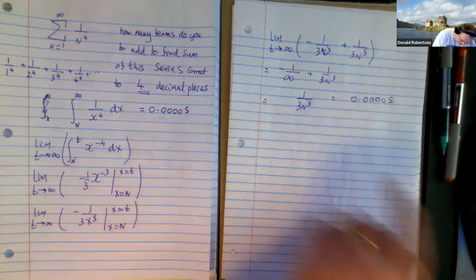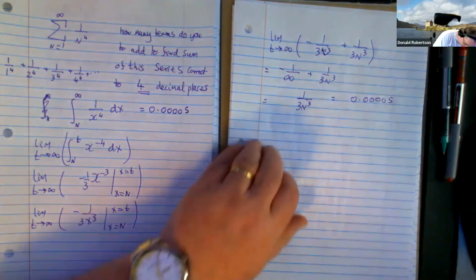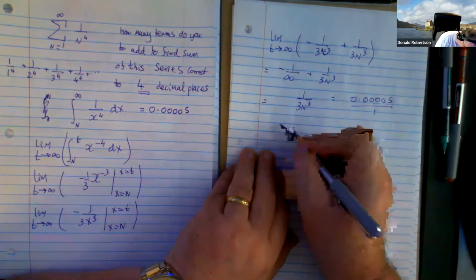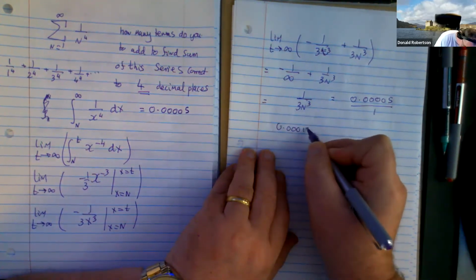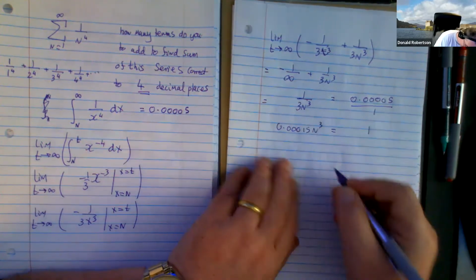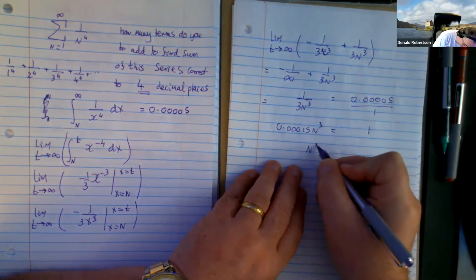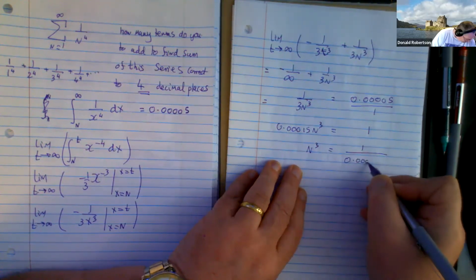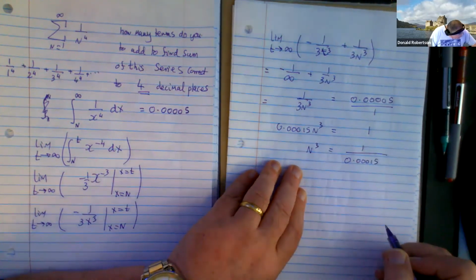Okay. So if you do a little cross multiply thing, you get 0.00015 n cubed equals 1. n cubed then is 1 divided by all those guys. I have a calculator somewhere.